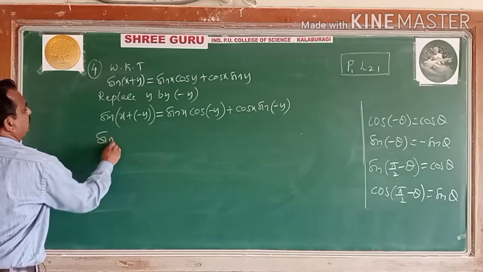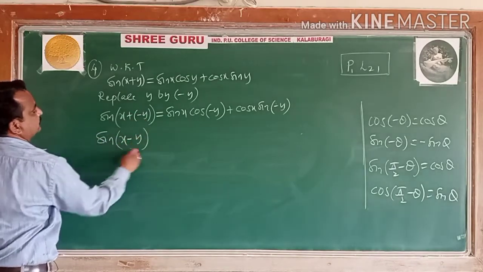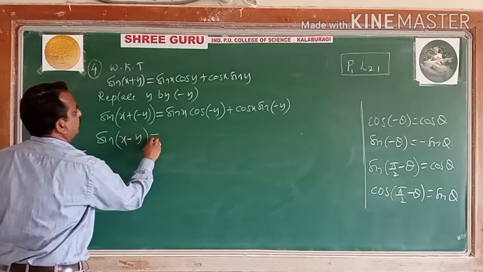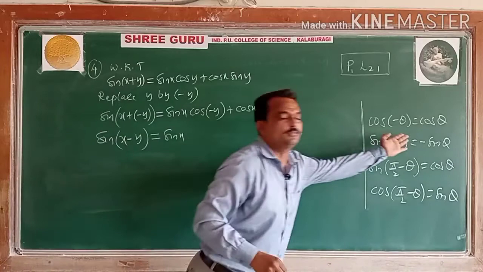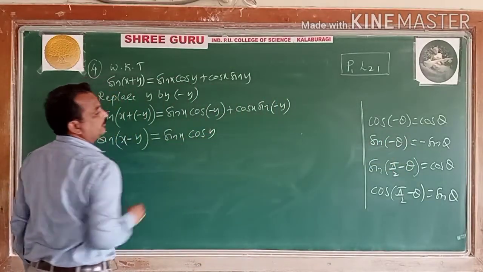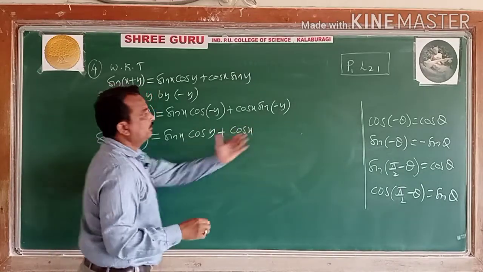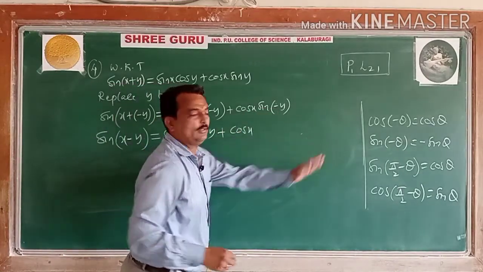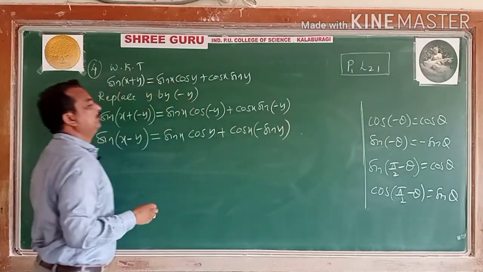So sin of x minus y is equal to sin x into, what is cos of minus theta? Cos theta. So this becomes cos y, plus cos x into, what is sin of minus theta? Minus sin theta. This is minus of sin y.